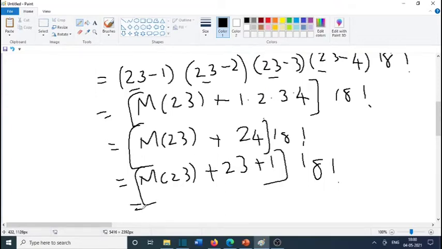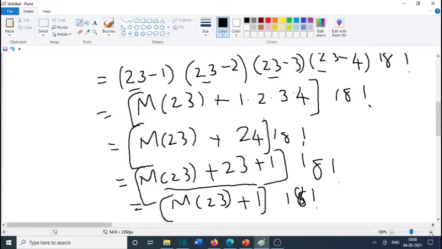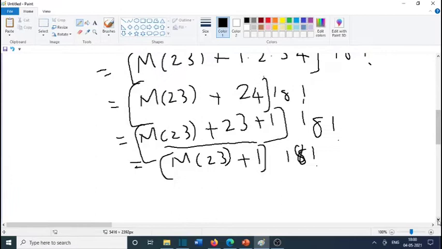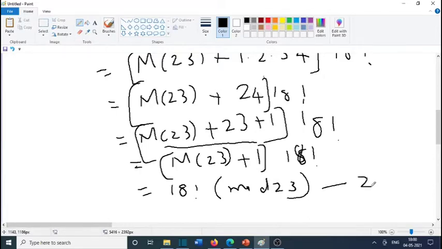Combined, this will be a multiple of 23, which is congruent to 18 factorial mod 23. So this we could write as equation 2.